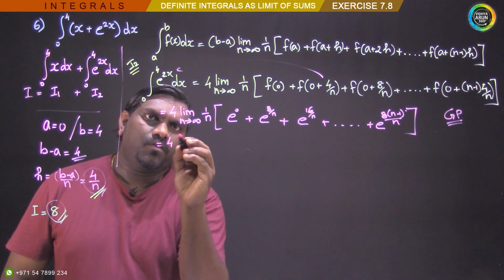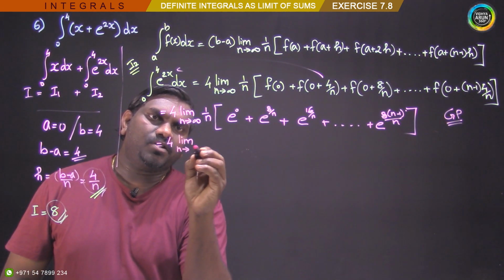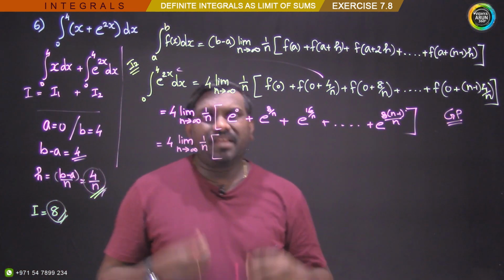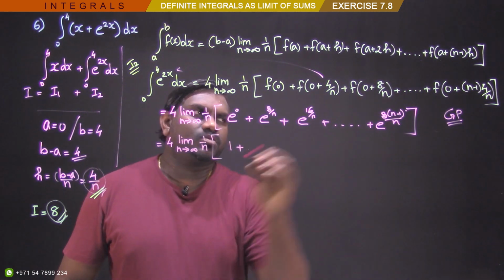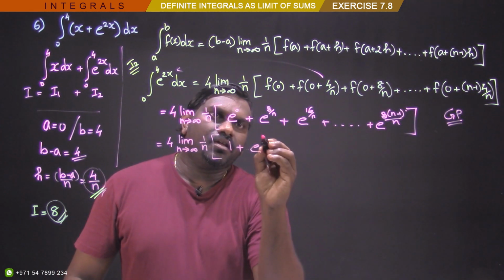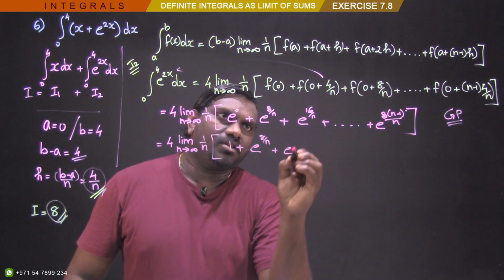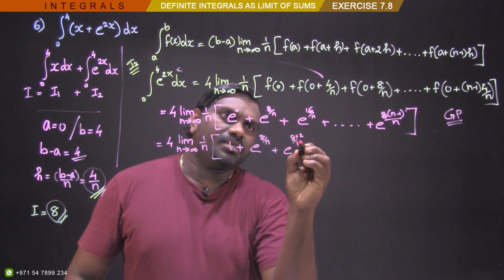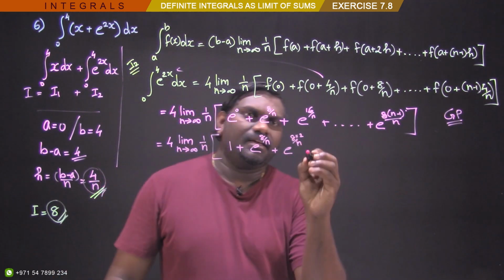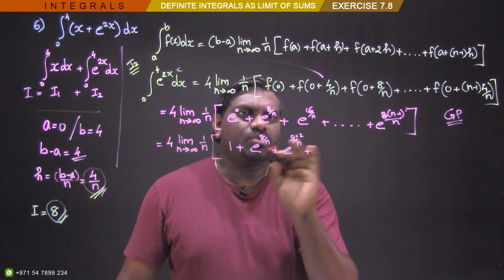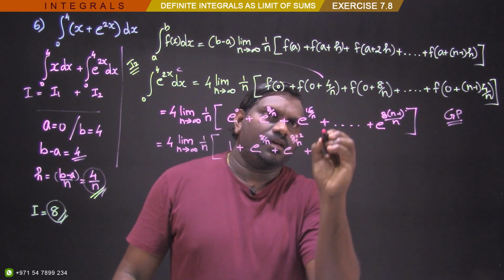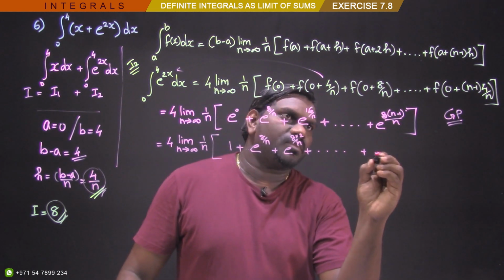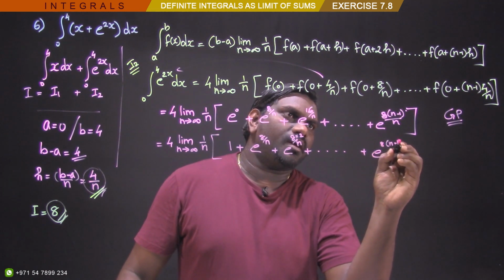One more step: limit n tending to infinity, 1 by n, what is e to the power 0? Any number to the power 0 is 1. So the GP is 1 plus e raised to 8 by n, plus e raised to 8 into 2 by n, and it goes on up to e to the power 8 into (n minus 1) by n.